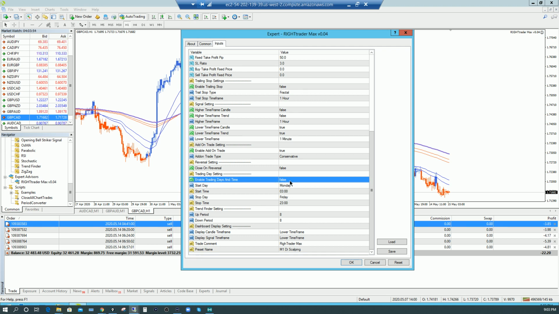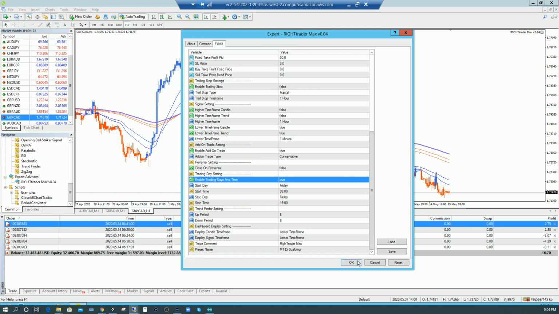I want to go ahead and set up the time that I want to trade it, and that is going to be on Friday, early morning Friday. So it's going to go 8 o'clock, and I'm only going to take trades up until 1500 hours, which is about 8 o'clock in the morning Eastern Standard Time, because my broker is 7 hours ahead. And I've set that to true, and I'm good to go.